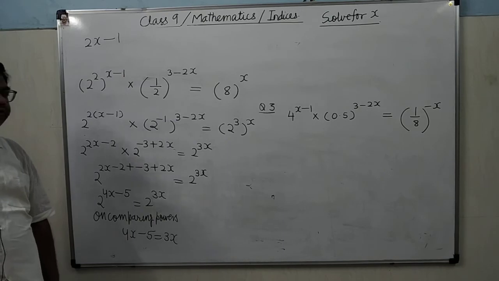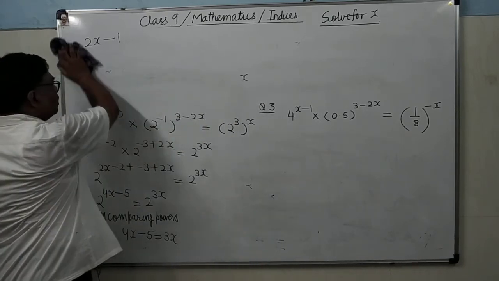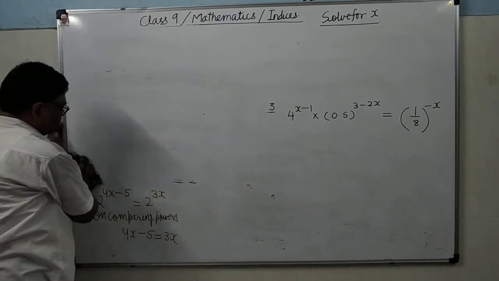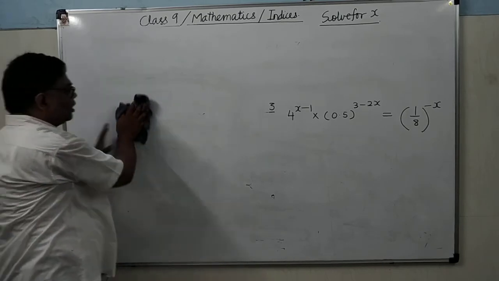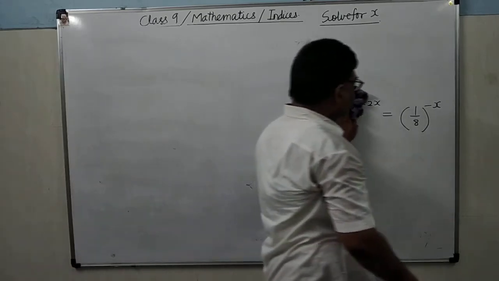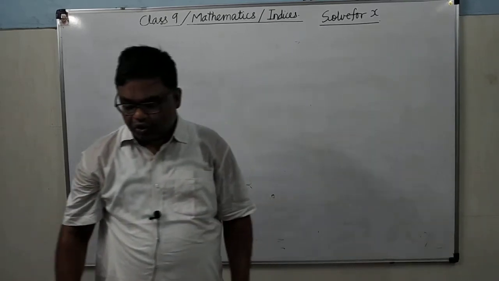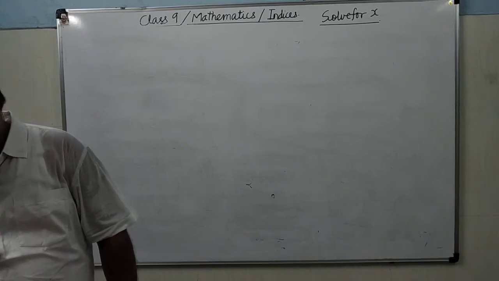In order to find the values of x and y, two equations will be required. So question number 40, second part in your book, there are two equations containing x and y, and then you have to solve for that. Solve for x and y.